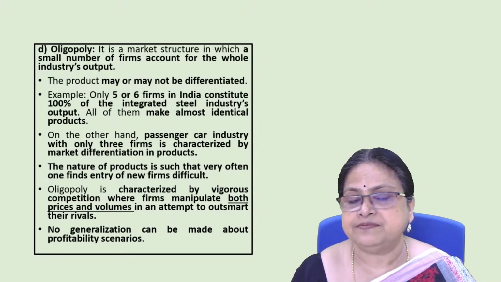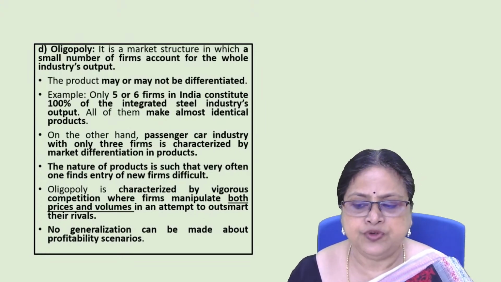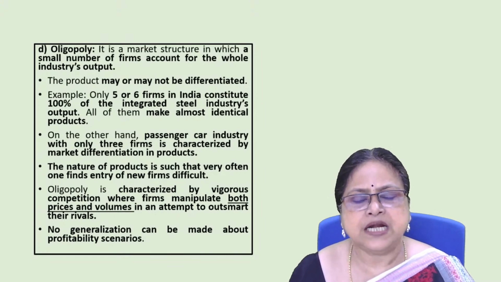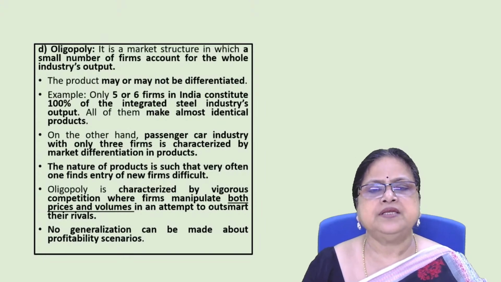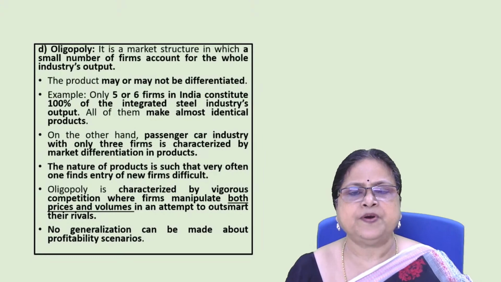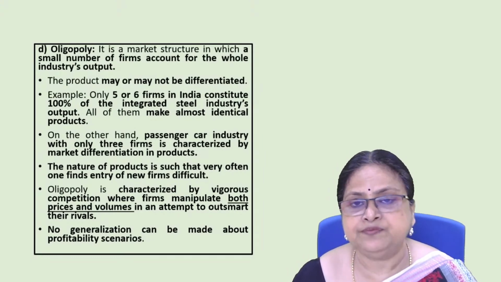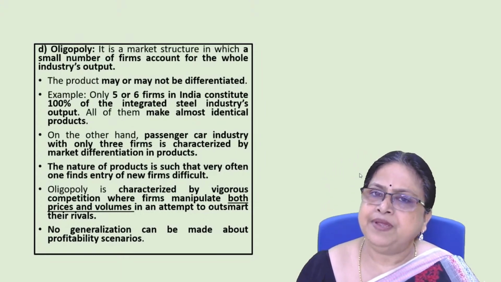Take the example of mobile services: Tata Docomo, Jio, BSNL, Airtel Bharti. Only 4 to 5 are competing among themselves. They make the product very attractive and lure customers to buy it, and in that way they can make profit.